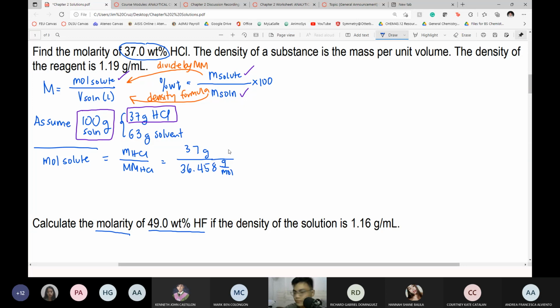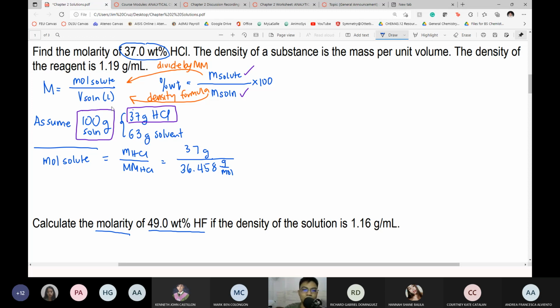Okay? So, that's the equation to solve for the mole of the solute. Check, we already have that equation. Now, let's talk about the volume of the solution.